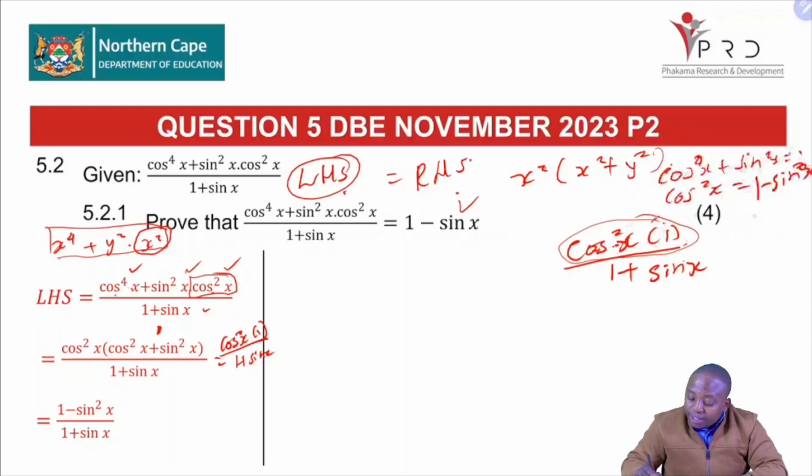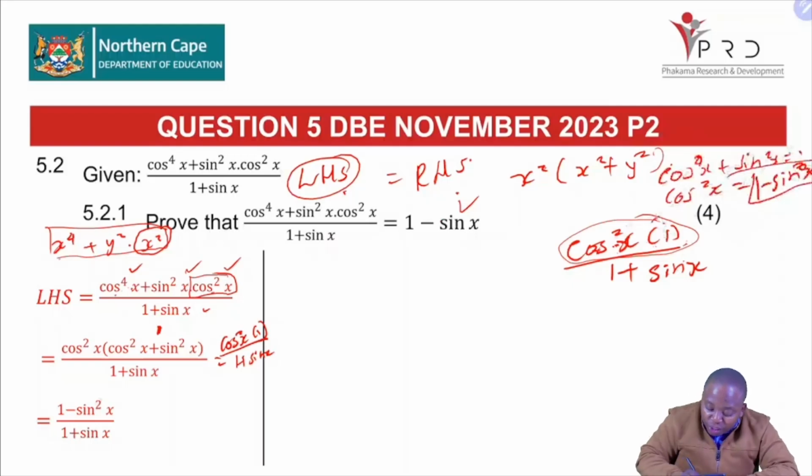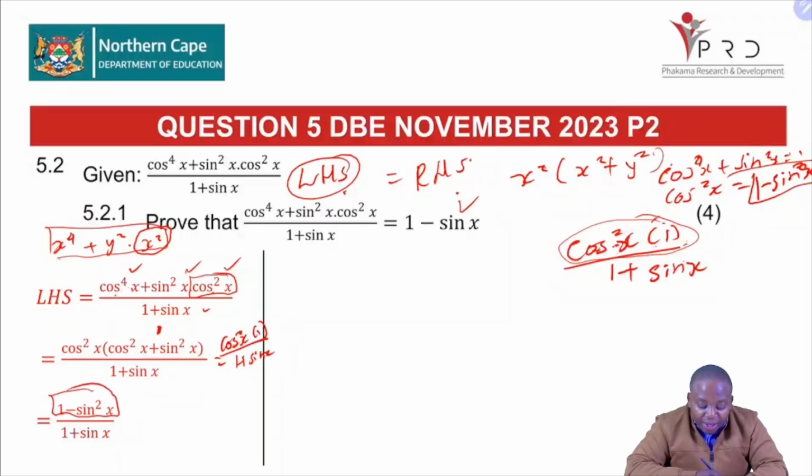So what I can see is that instead of having cos squared x, I can actually just have 1 minus sine squared x. That's what I can work with right there. So that's what I did here. I have worked with my square identity on the numerator. Then I have converted that to sine.